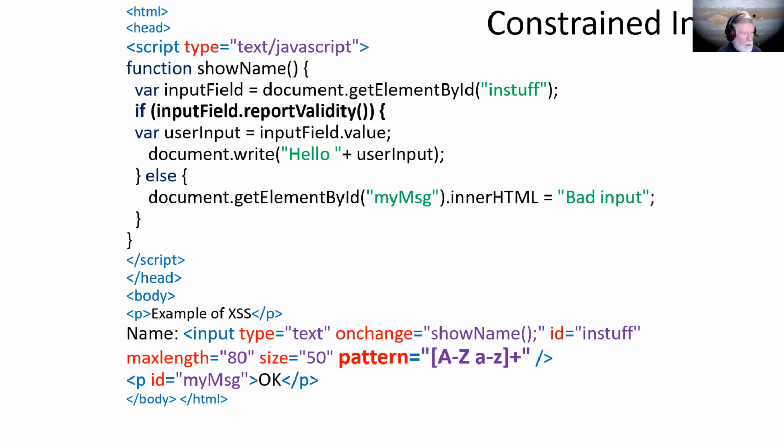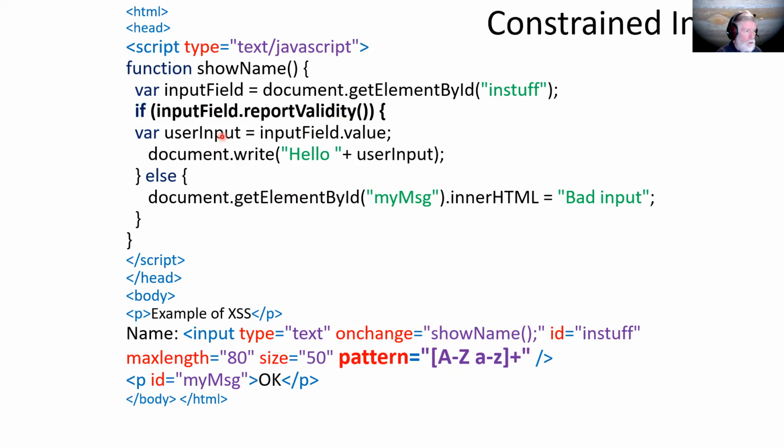Okay, input. Of course, if you want to filter your input, here is an example where we had a regular expression. And we all know about regular expressions, but this one's safe. A regular expression that can be used to check the data. So if the data doesn't match the regular expression, then if you call report validity, it will come up with a false.